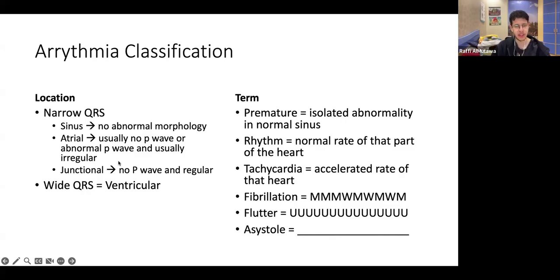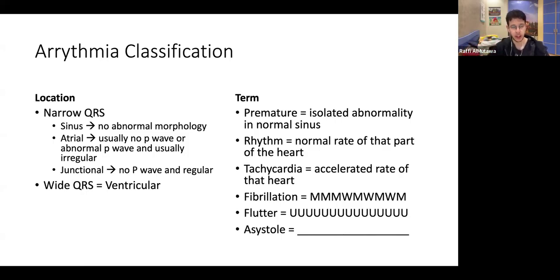The only exceptions are atrial tachycardia and atrial flutter. Atrial flutter you identify through the sawtooth, but it's an abnormal P wave. Junctional does not have a P wave and is regular.